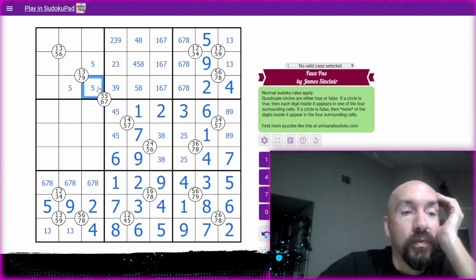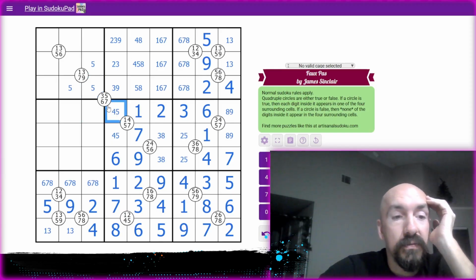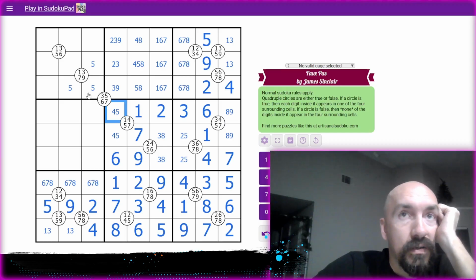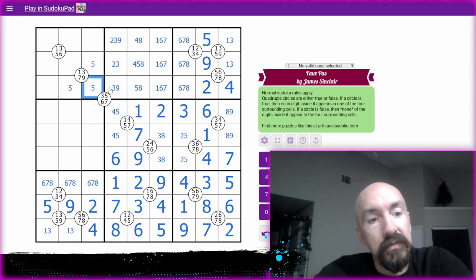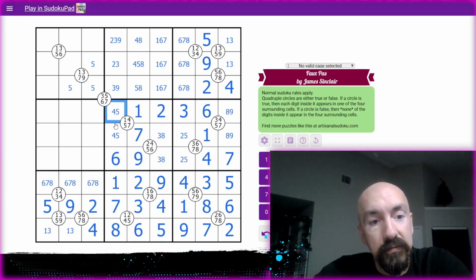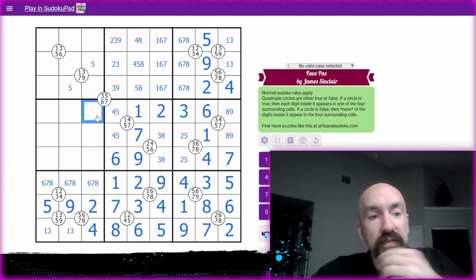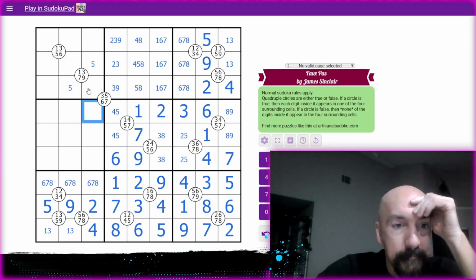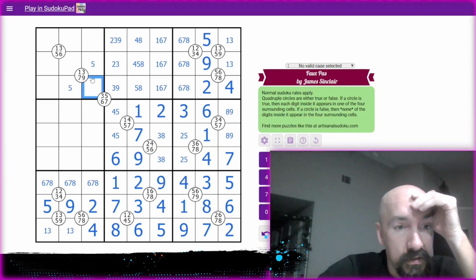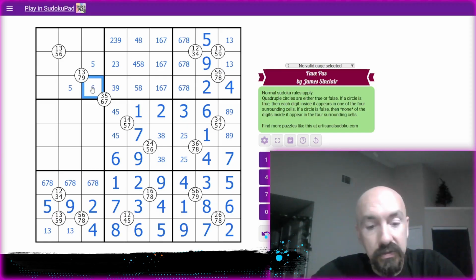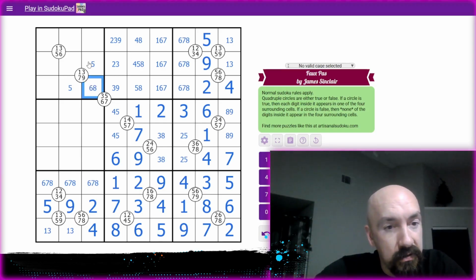One of these two is a 5, but no, they can't both be 5s. So this cannot be a 5, because if there's a 3 5 6 7, then this would have to be the 5, because it couldn't be a 4. This one cannot be a 1, 2, 3, 4, 5. So this is now a 6 or an 8, because it can't be a 7.